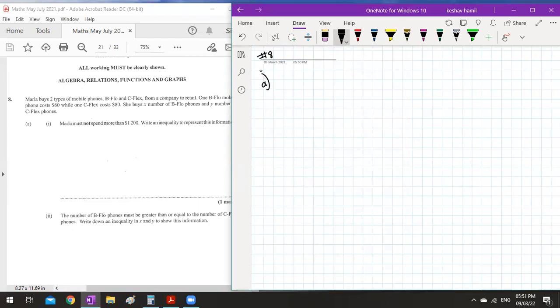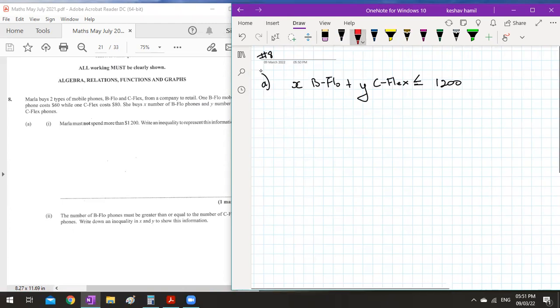So if you think about it like this, X number of B-Flow plus the Y number of C-Flex phones must be less than or equal to $1,200.